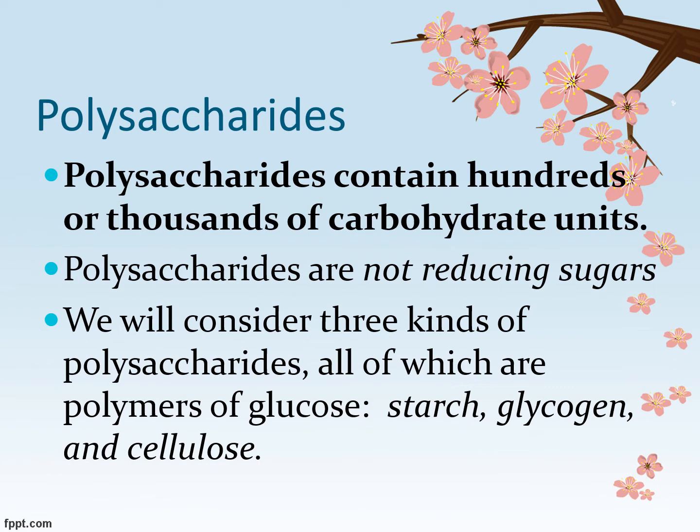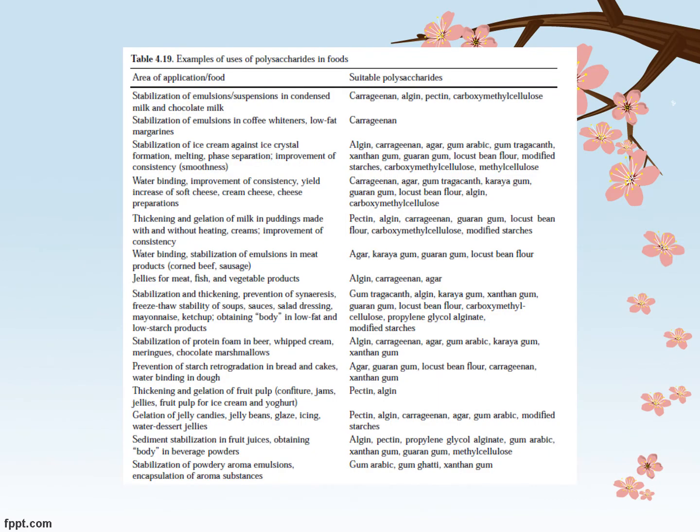The first one is starch, the second one is glycogen, and the third one is cellulose. Now this table shows the examples and the uses of polysaccharides in food. Okay, so you can read through.